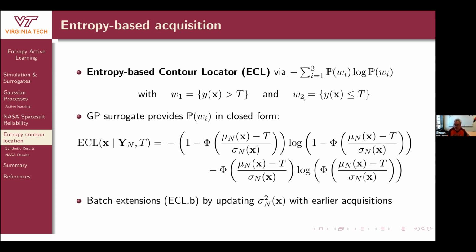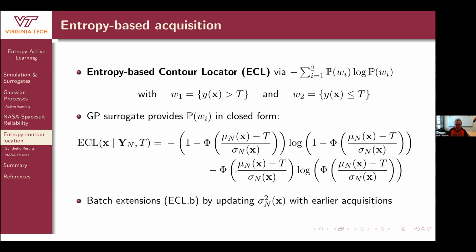And set two, or event two, is that the response does not exceed the threshold. It does not result in a failure. So we've created a bifurcation of the input space into failure and non-failure to define our events and thereby define our entropy. And it turns out that with these sets, you can calculate entropy in closed form.